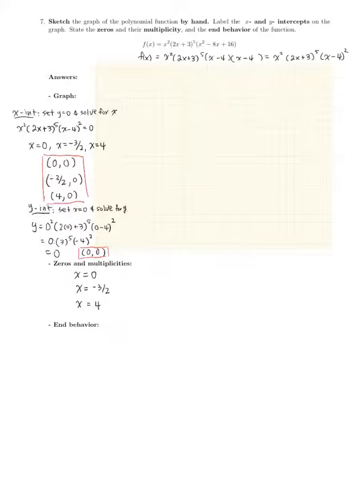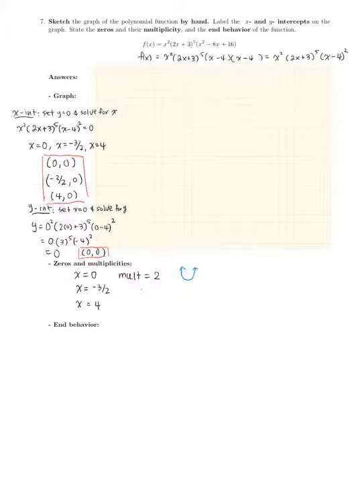So in this case, the multiplicity is going to be even. In fact, it's going to be 2. Multiplicity is 2. So that means your graph's going to behave like a parabola. So keep that in mind. Your graph is going to bounce back like this at x equals to 0.